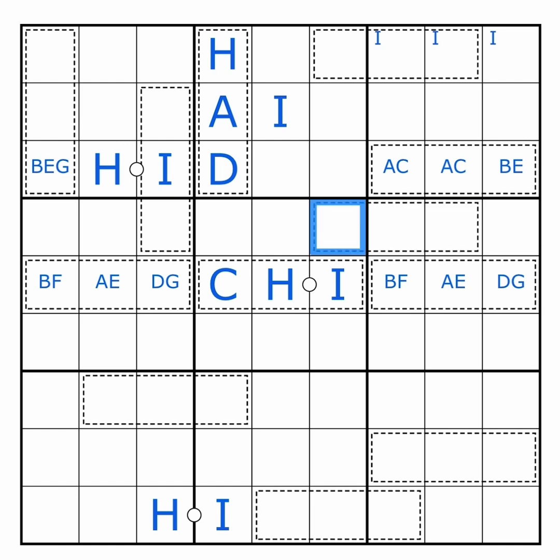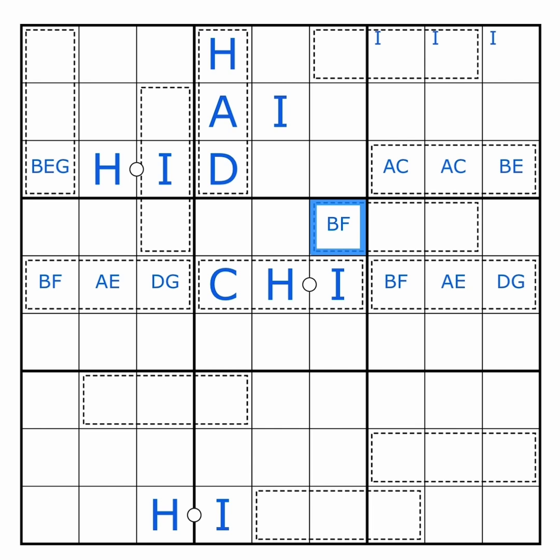If this were ACE, the C would conflict with that AC, and that would be an A, and we've only got one word that starts with an A. So we know this one doesn't start with A. This letter is not an A. This is a B or an F.